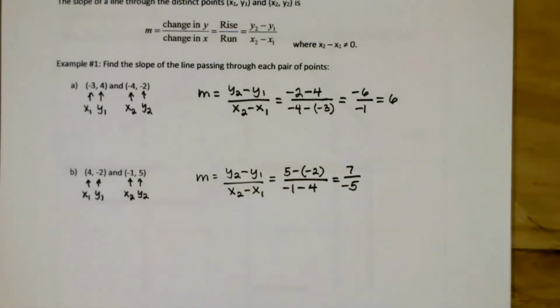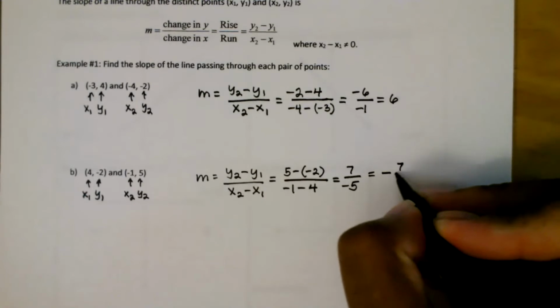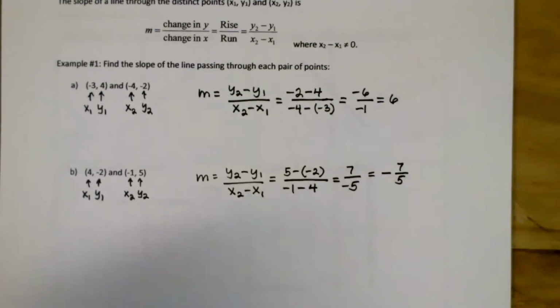Now we're going to leave this as an improper fraction. So in this case, our slope would be -7/5. And let me inform you, in the homework, they're going to want the negative typed in first and then use your fraction icon to type in 7/5. So it'd be -7/5. Okay.